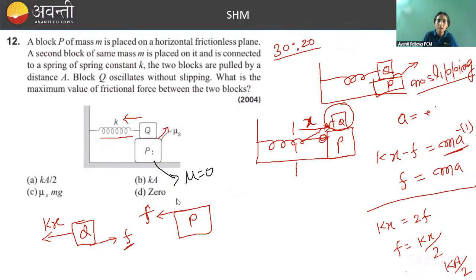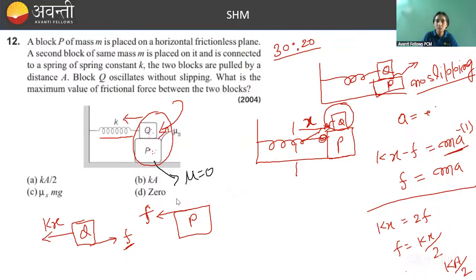The total system is P plus Q, and both together perform SHM of amplitude A. It is asked what is the maximum value of friction operating between P and Q. For that you need to enter the system and write the free body diagram of P and Q separately, taking their acceleration the same, then you will get this case.